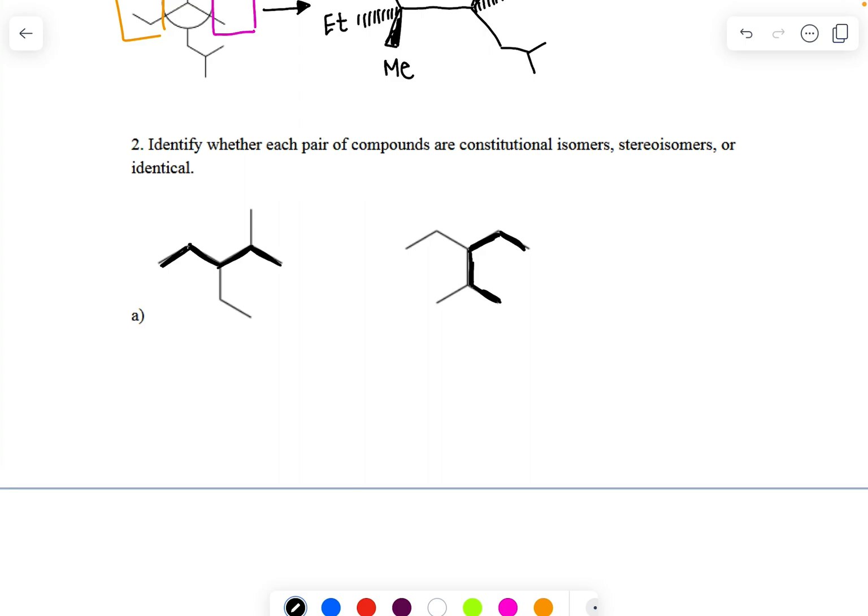You can see that if I call this number 1, 2, and 3, and this is number 1, 2, and 3, I have a methyl on carbon number 2 in both scenarios, and I have an ethyl on carbon number 3 in both scenarios. These are the same.